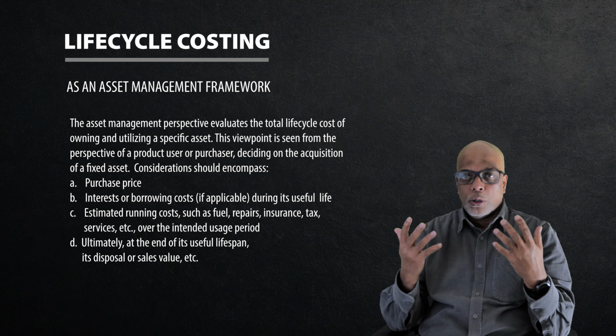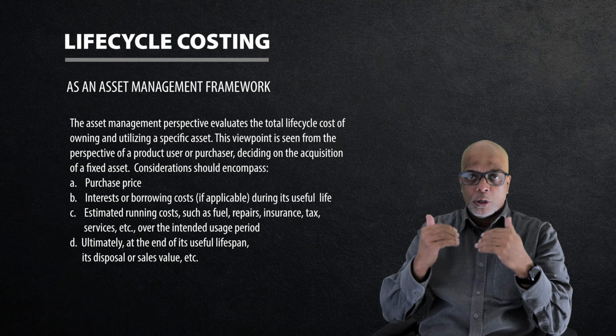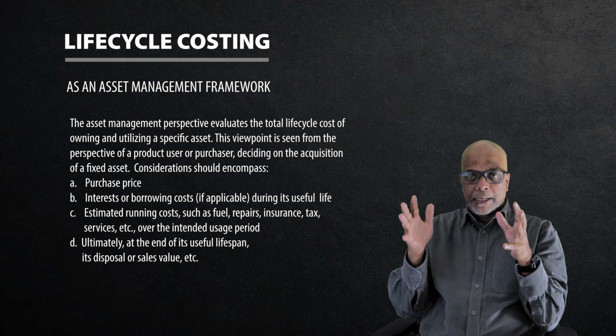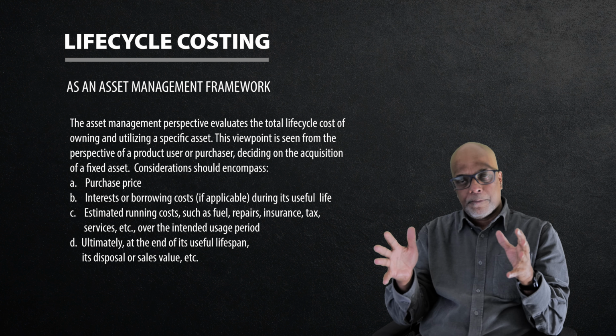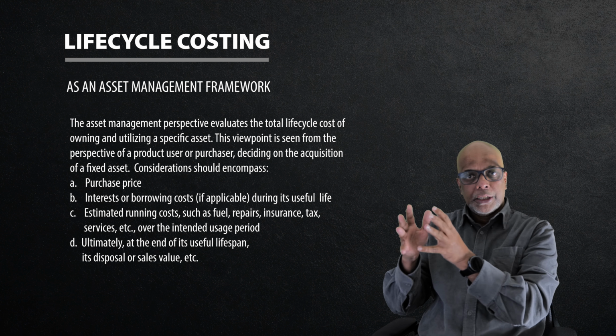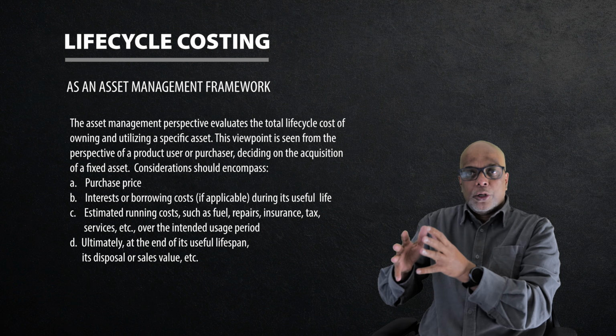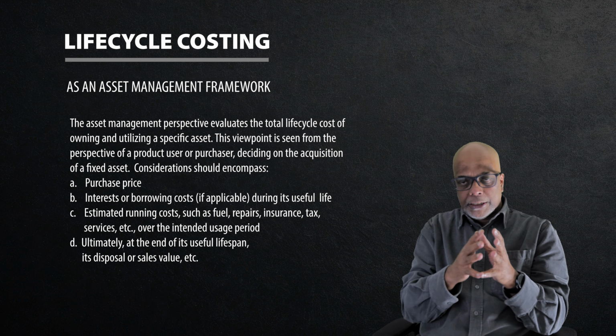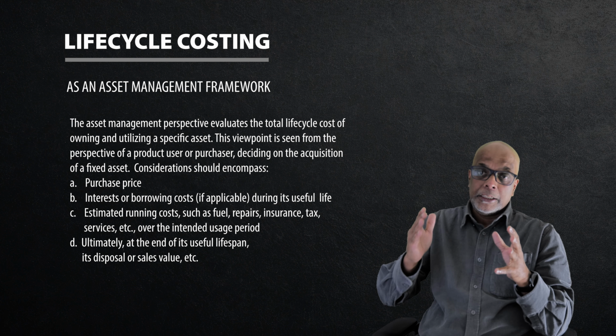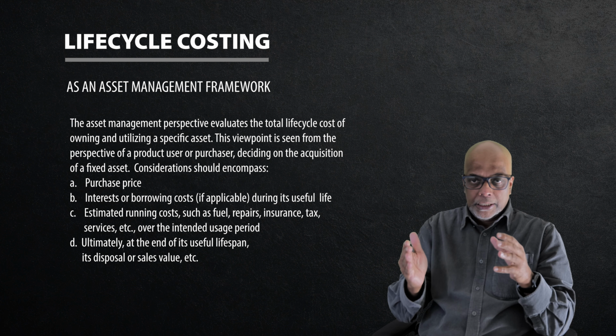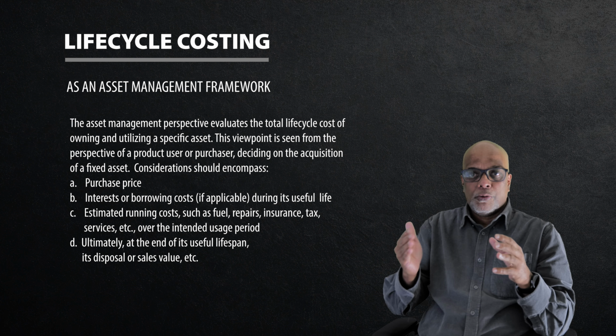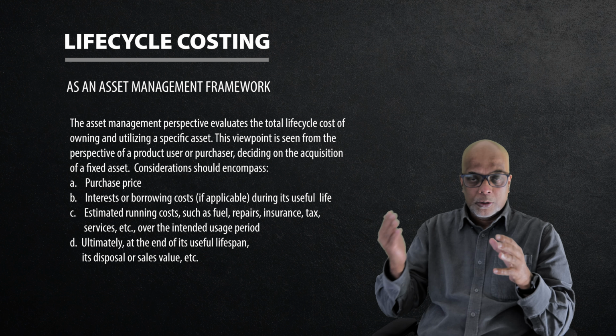It could include, for example, electricity bills and so on, to operate that asset for the whole life cycle. And then once that asset is no more usable, when its life span is over, then we have to estimate what would be the disposal cost.